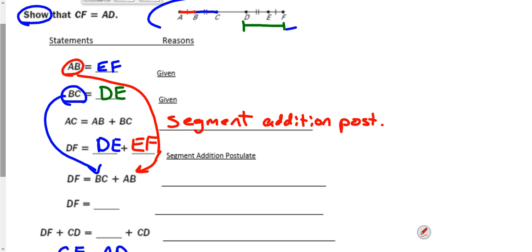So there we have BC and AB, and we got that by substituting in AB for EF and BC for DE. So that's the substitution property.